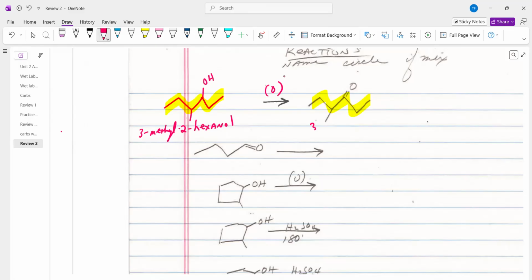And this would be a 3-methyl. All right, that didn't count very well.